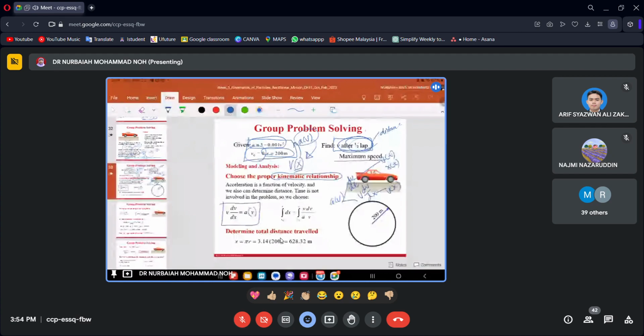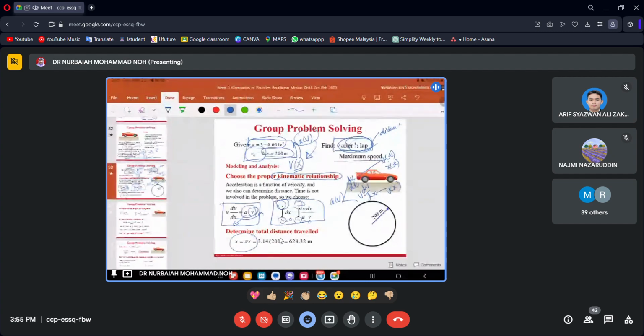We bring A of V to one side, dx to the other side, then you have this. Okay. Alright, and then we put the limits x naught to x, v naught to v. So x naught will be equal to 0, x will be equal to pi r, half lap. And then v naught is equal to 0, and then what is v? Okay.